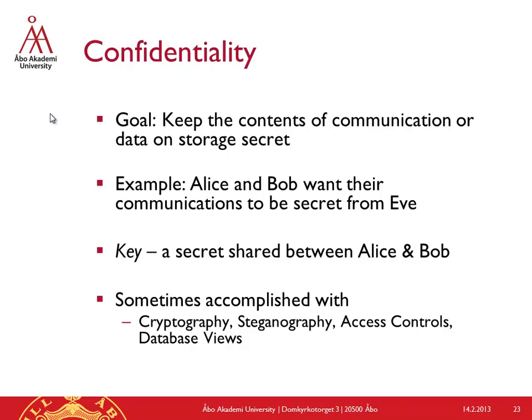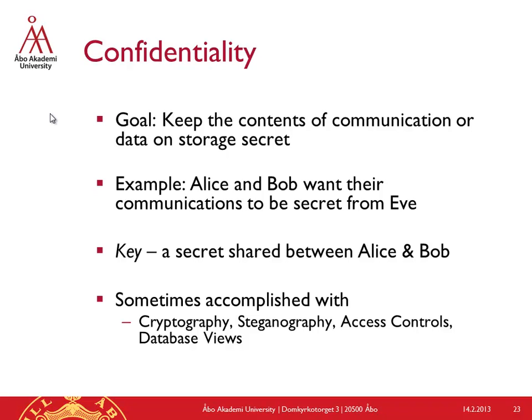With confidentiality, what can you say? We want to have some communication between our two roles, Alice and Bob, and we want to keep this communication secure and secret from another person. So we can use different strategies to do this.